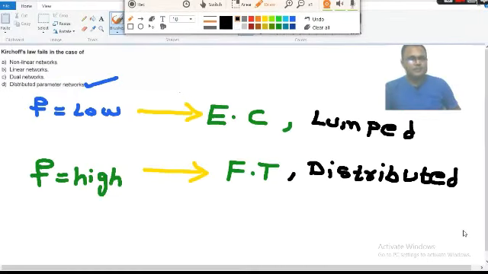The Kirchhoff laws fail in the case of. So here the question is: the Kirchhoff laws fail in the case of. The options are nonlinear networks, linear networks, dual networks and distributed parameter networks. Whenever the frequency is low, we deal with all the circuits in electric circuits, meaning in network theory.